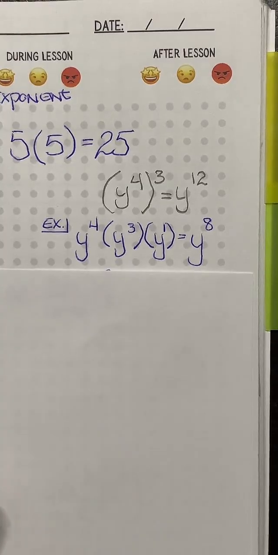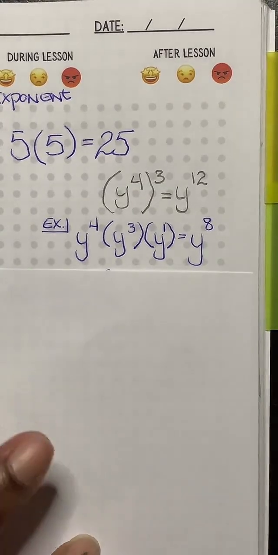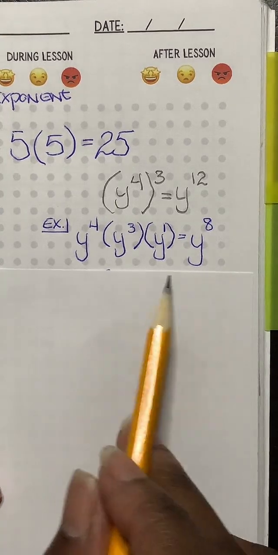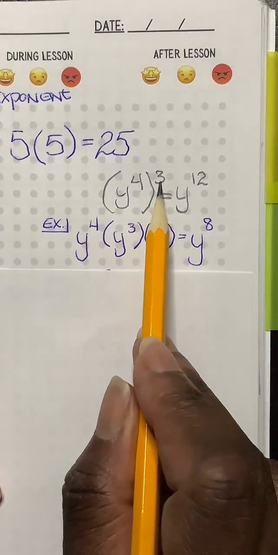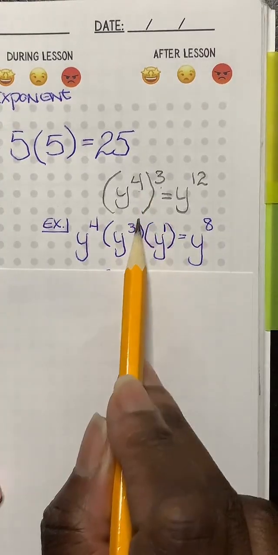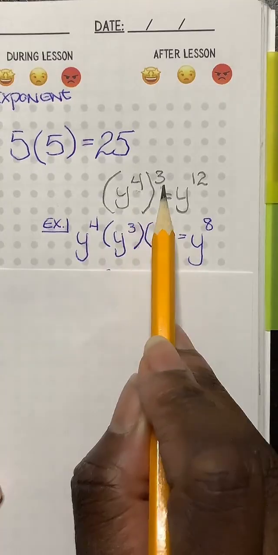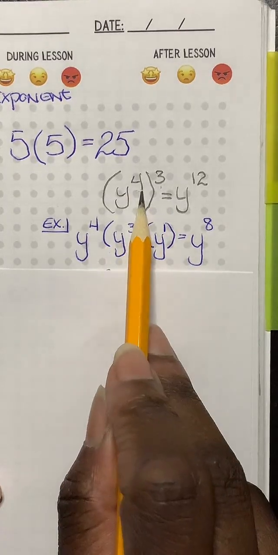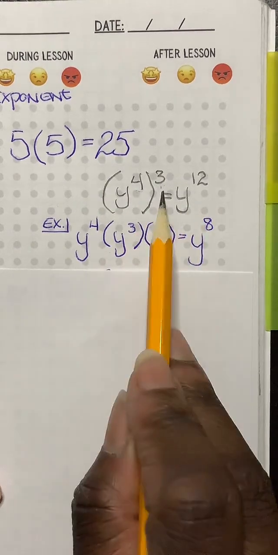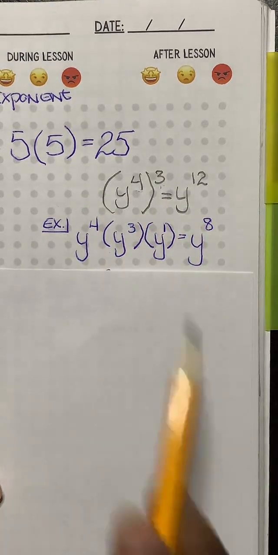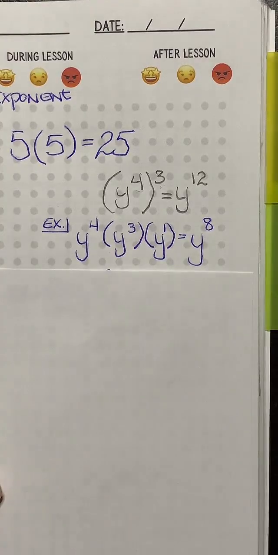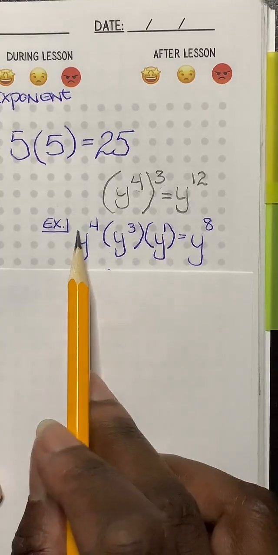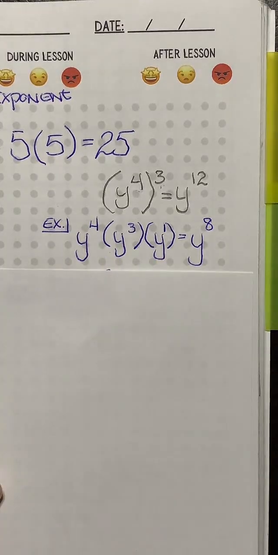When you see a power being raised by a power and the exponents are separated by a parenthesis, that's when you multiply. Just because you see parentheses doesn't mean that you're going to multiply your exponents. You're actually going to add them.